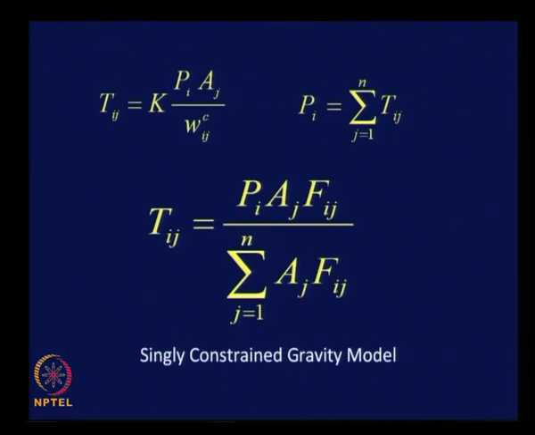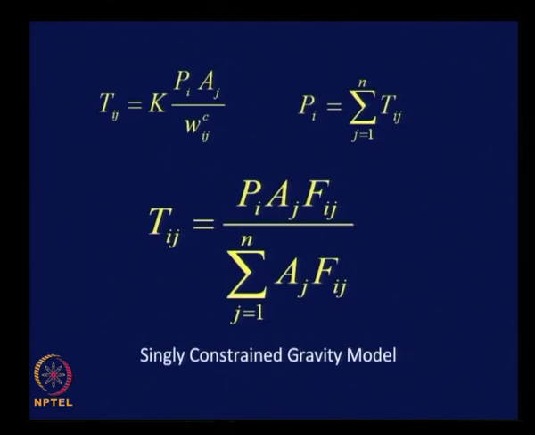You may recall we did several iterations to adjust the cell values along each column to be exactly equal to the attraction values. Finally, we need to satisfy both the constraints related to Pi and Aj. But here the model formulation itself has inbuilt constraint, which is only one constraint. That is why it is called a singly constrained gravity model.